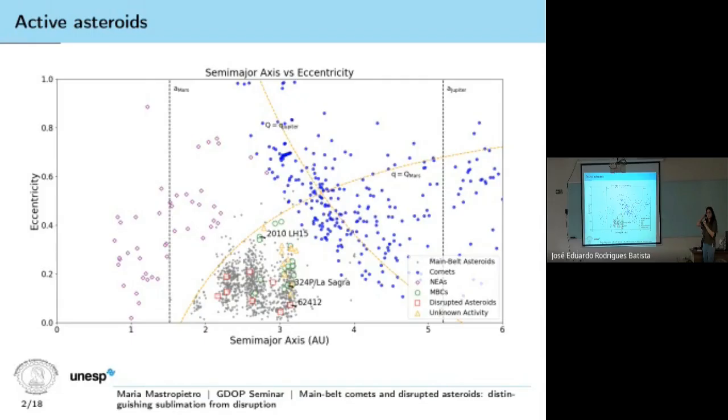In this plot, we see the eccentricity and semi-major axis distribution of different objects in the solar system. Here in gray, there are the asteroids in the main belt, located in a low eccentricity region. Then in blue, comets, and purple, near-Earth objects.